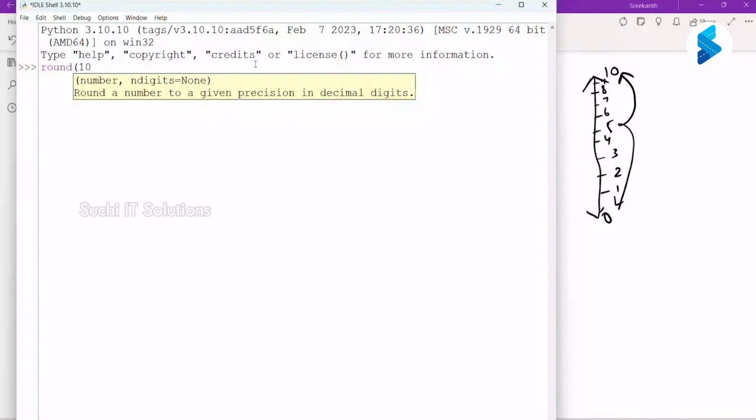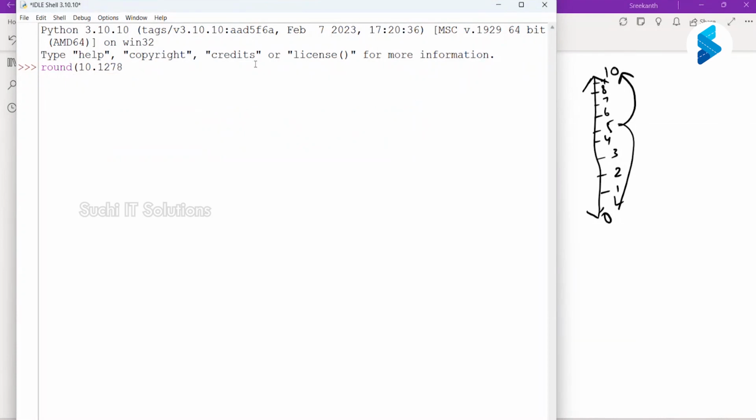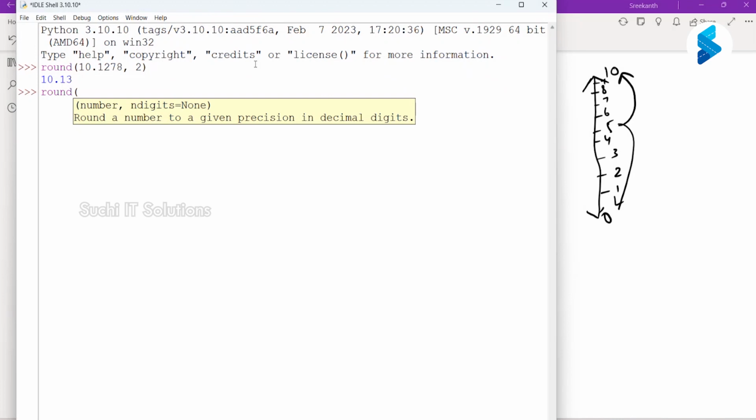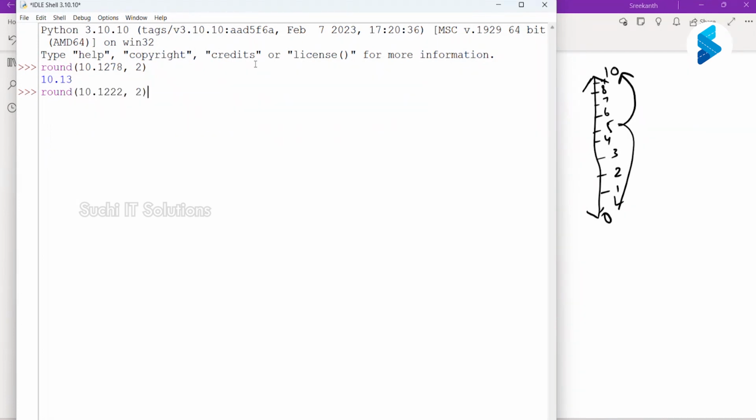Let us say 10.1278, and I want 2 decimal points. That gives 10.13. Now I want to round 10.1222 to 2 decimal points, and it would be 10.12.